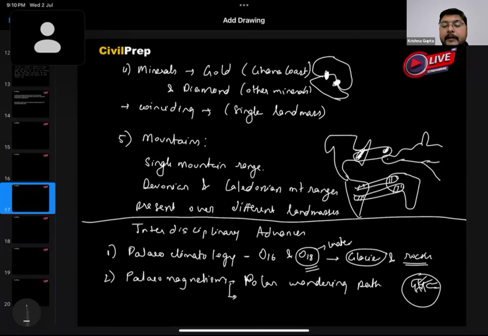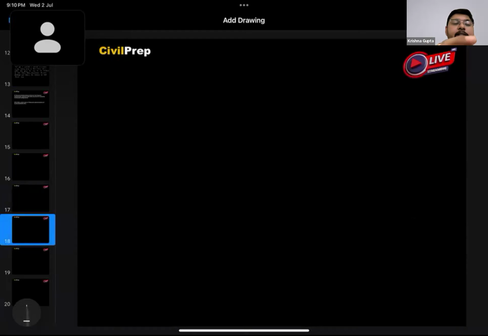Also, we have the polar reversals, which are present on the rocks when they are formed. So the second part here is paleomagnetism.